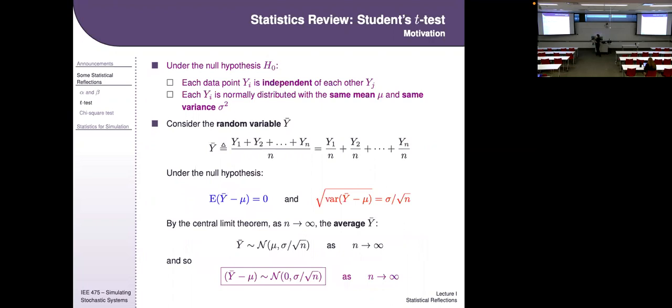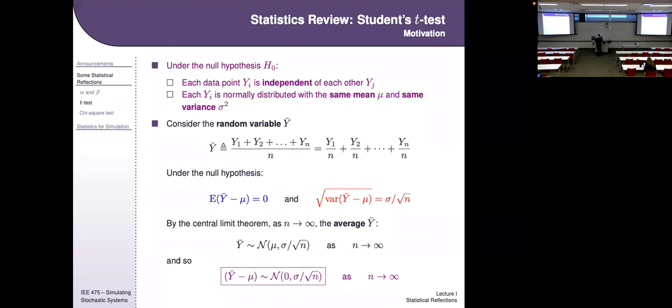And we know that under the null hypothesis, if I take the number of samples to infinity, then this y bar minus mu is going to be a normal distribution with mean 0 and standard deviation this.